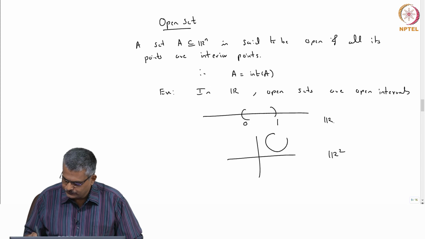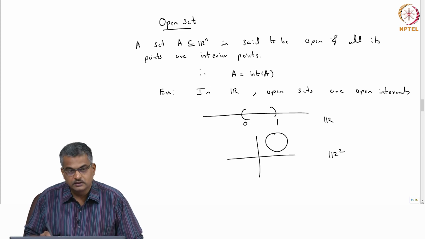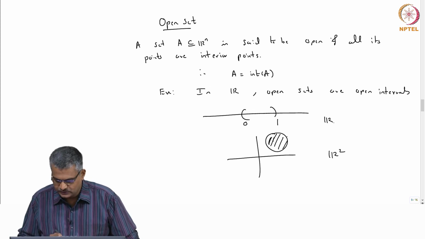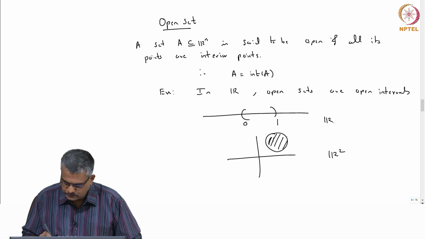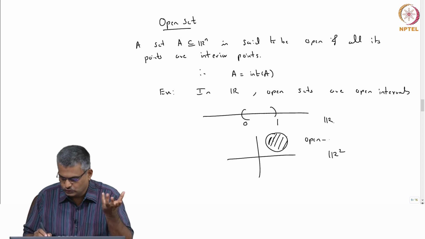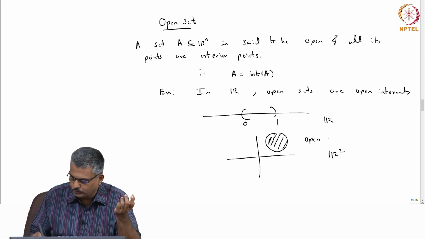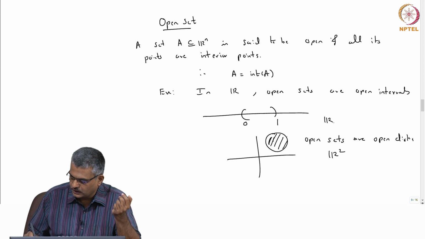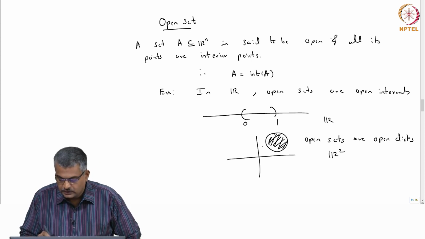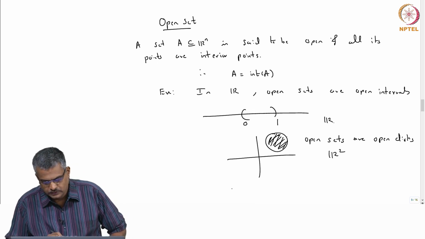In R2 you can take any center with a ball and some finite radius. So, all the points in this except the boundary points. So, it is an open disk. So, in R2 the open sets are open disks. It consists of all points except the boundary points.